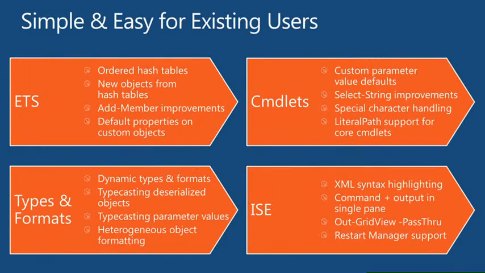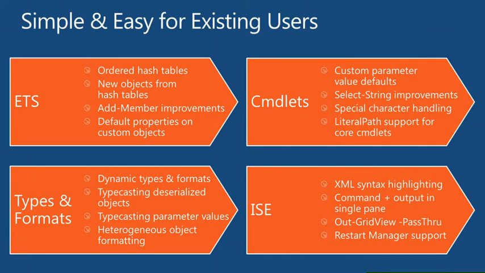Of course, we have also invested for our existing user base, all of you. The key things we like to highlight here, the extensible type system. We've done a lot of work around hash tables. We'll be showing you some demos there. In types and formats, you can now dynamically create types and formats at runtime. I don't know how many of you have authored or tried to author a type file or a format file. Pretty challenging.